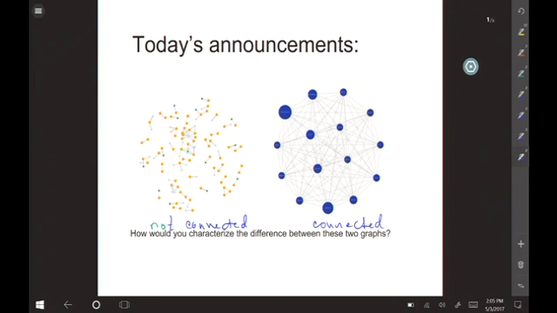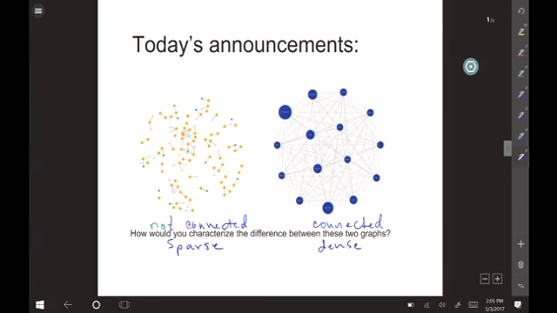The edges here are dense relative to the vertices. And here we look and go, oh look, there aren't very many edges. That graph looks sparse. Those two keywords are actually technical keywords. This one is sparse, and this one is dense.